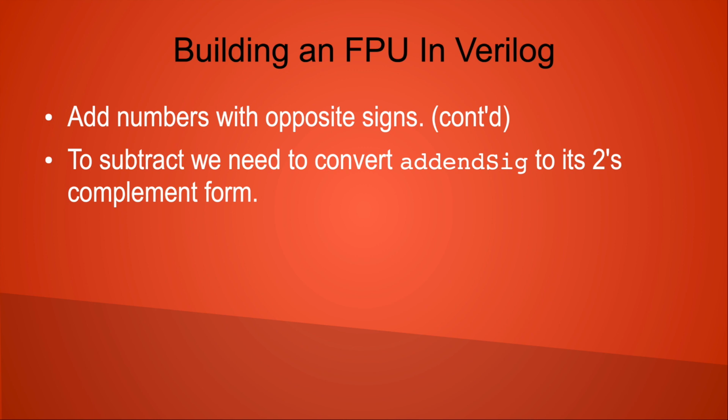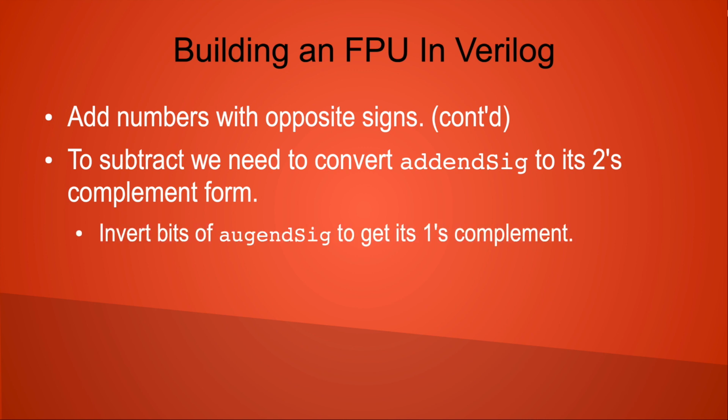To subtract the Addend significand from the Augend significand, we need to convert the Addend significand to its 2's complement form. As a reminder, we convert an integer to its 2's complement in 2 steps. Invert all the bits of the integer to get the 1's complement. Then add 1.